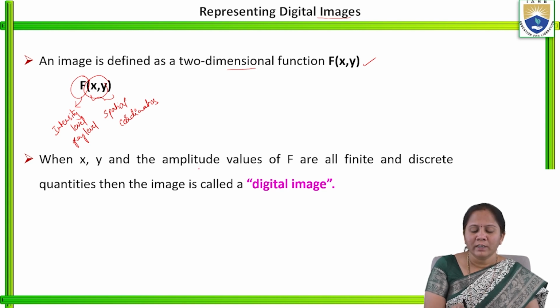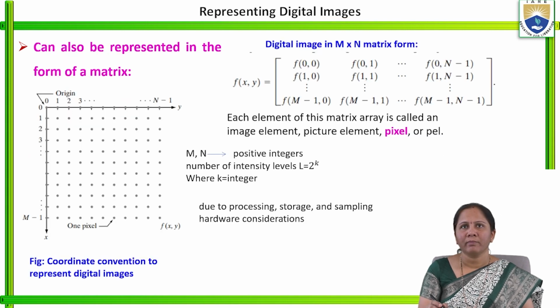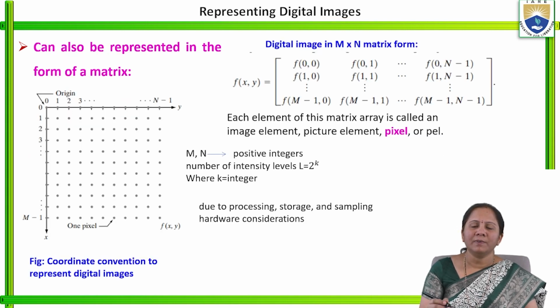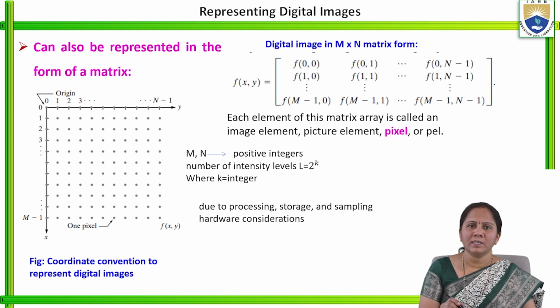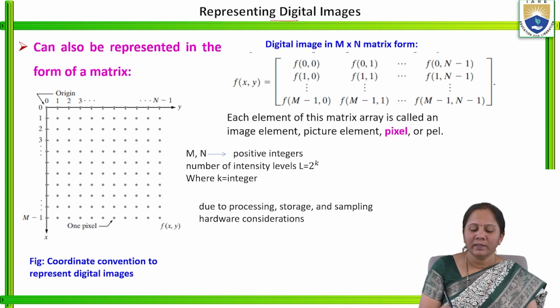If the values of x, y and f are all finite and discrete quantities, then that particular image is called a digital image. We have already discussed this in the previous lectures, and we have to recall this concept.